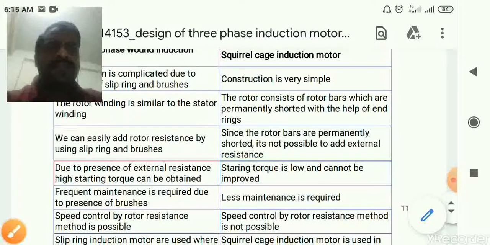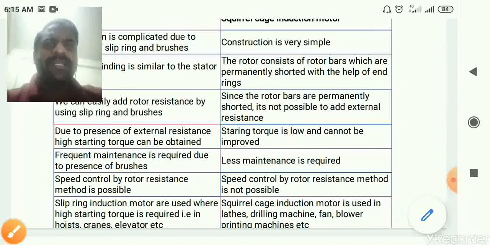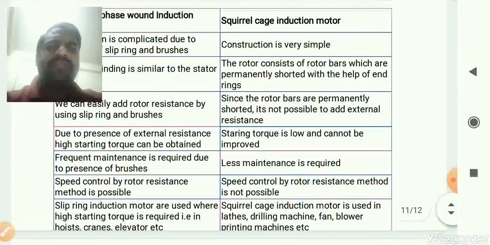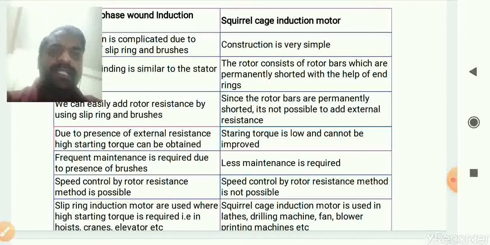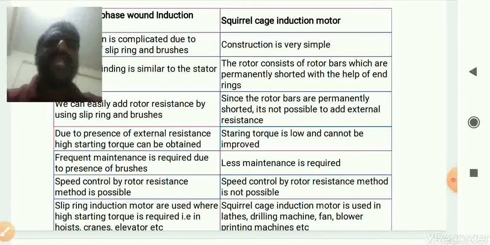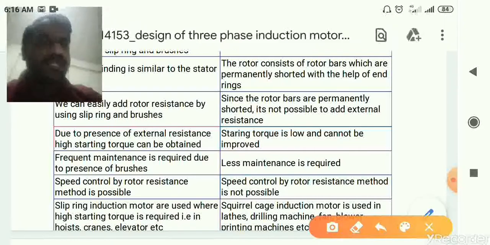Again, by varying the external resistance, we can not only vary the torque developed by the induction motor, but we can also adjust the speed. Because of that, speed control by the rotor resistance method is possible only for the slip ring induction motor.